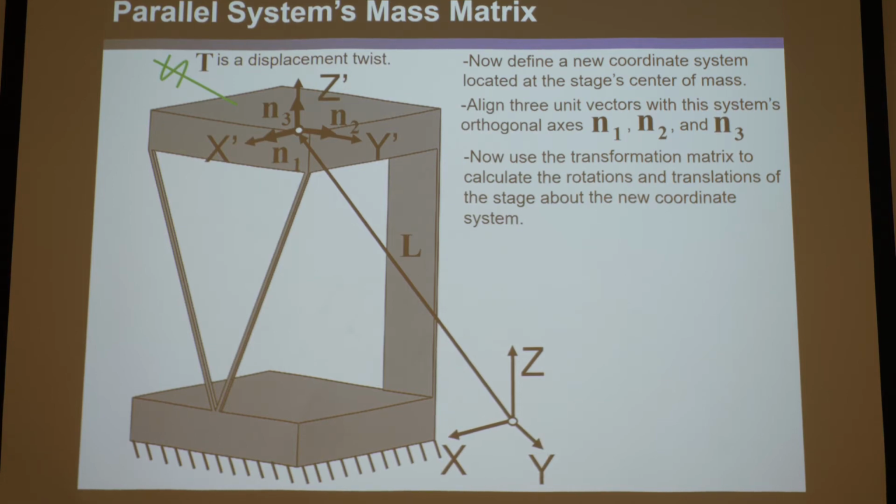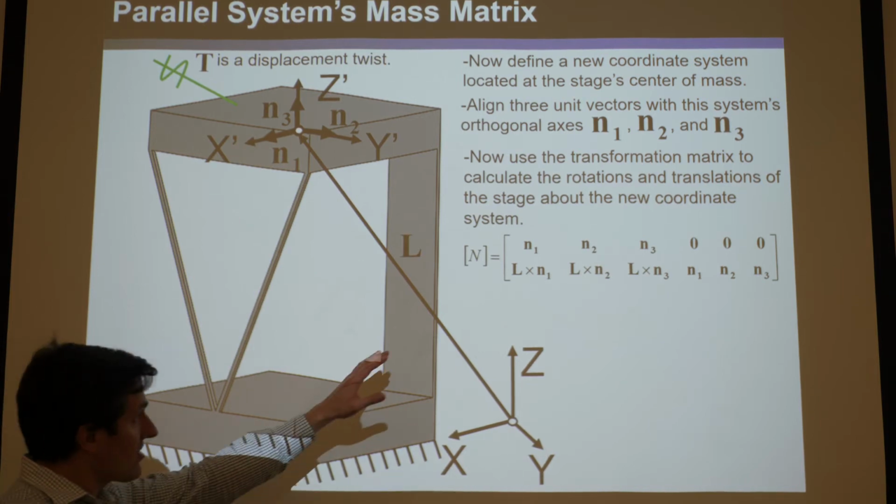Okay, so now use the transformation matrix to calculate the rotations and translations of the stage about the new coordinate system. So again, you're probably smelling a transformation matrix. And again, please watch lecture 2. It's one of the most confusing principles in this course, understanding the derivation of that and how it works. But the bottom line is, here's the matrix.